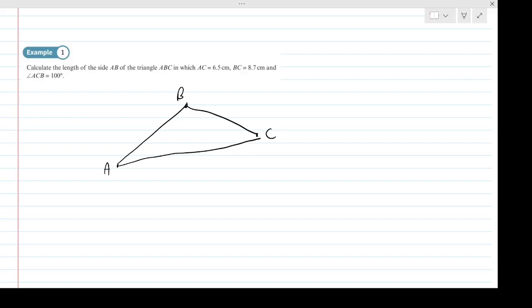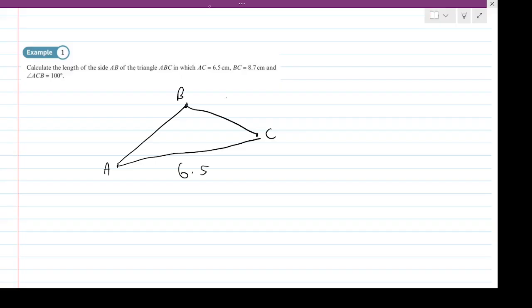So then A, B, we need to find AB. We can call that X if we want, but it's up to you. Then we have AC, which we're told is 6.5, and BC is 8.7. So it's a bit off the sketch; the lengths aren't really representative, but it doesn't really matter.